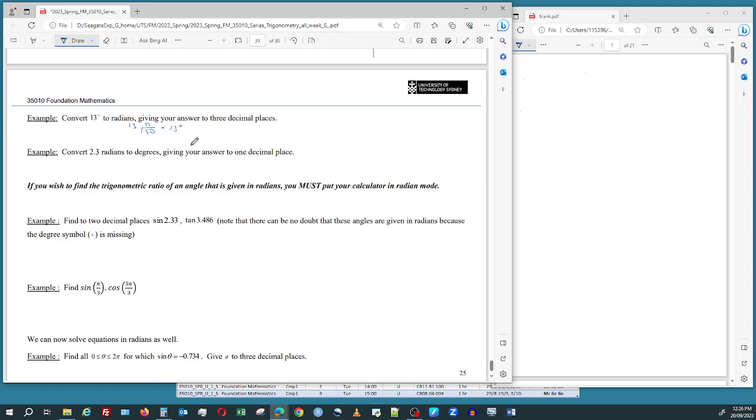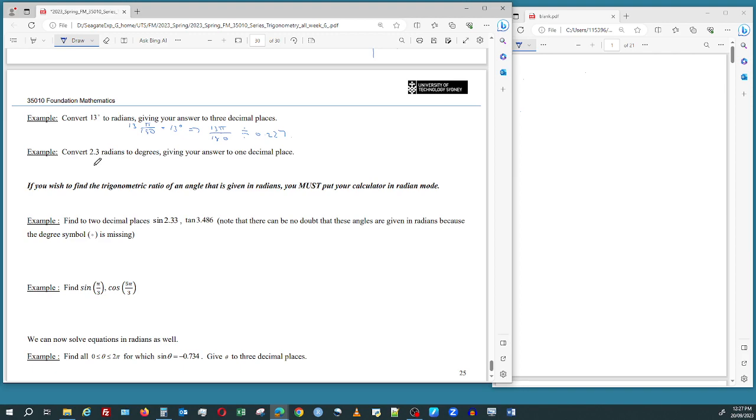So that's what our unitary method tells us to do. Okay, and so we get 13 lots of pi over 180, and if we put that into the calculator, we'll get a decimal that approaches 0.227.